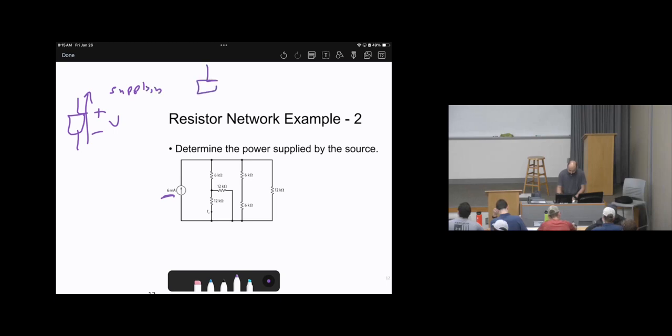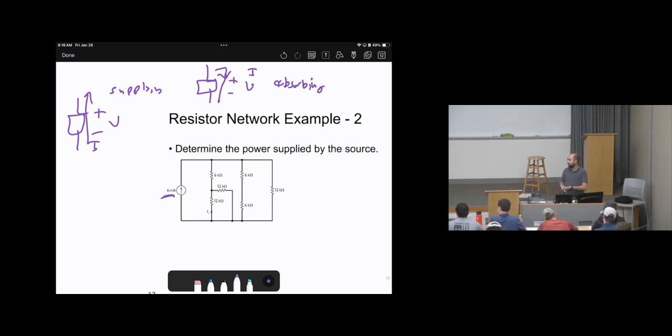If the current enters the positive, then it is absorbing. If the current is leaving the positive or entering the negative, then it's supplying. Okay? So we need to calculate the power supplied by the source.